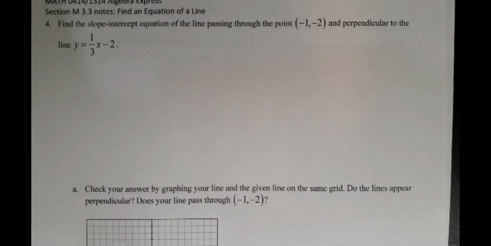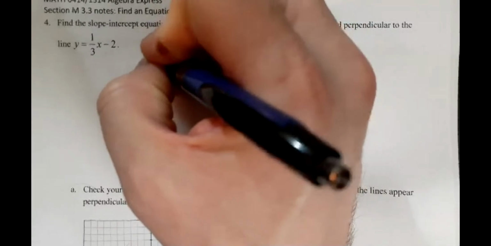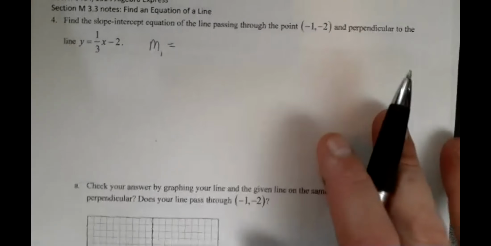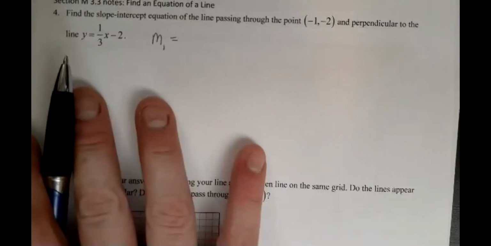So the last section we talked about perpendicular lines. If you remember about perpendicular lines, we have to do two things. We have to flip the fraction and we have to negate it, so we have to put a negative sign on there. So if we know this is our first slope, we know it's perpendicular to this line.